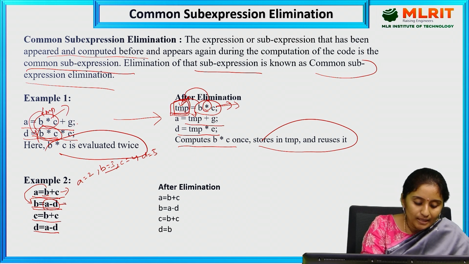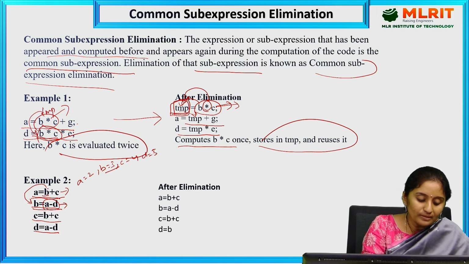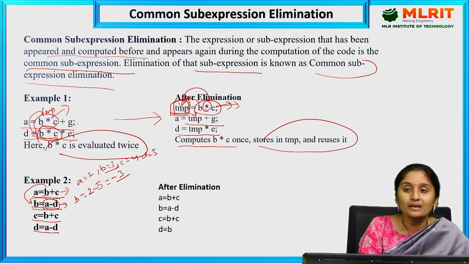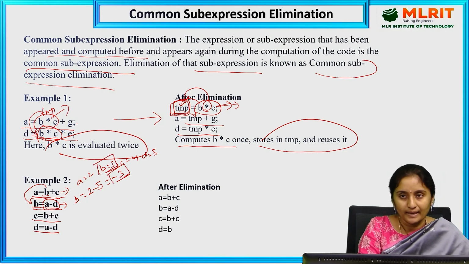After this statement executes, the B value is changed. See here, B equal to A minus D: A is 2, D is 5. So now I have the value minus 3. Initially the value was positive 3, and now I got minus 3.